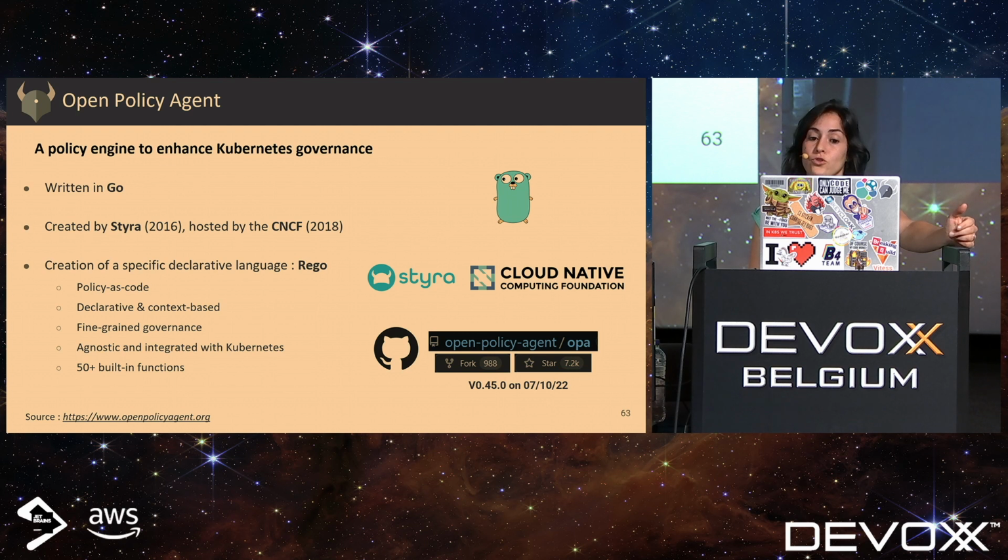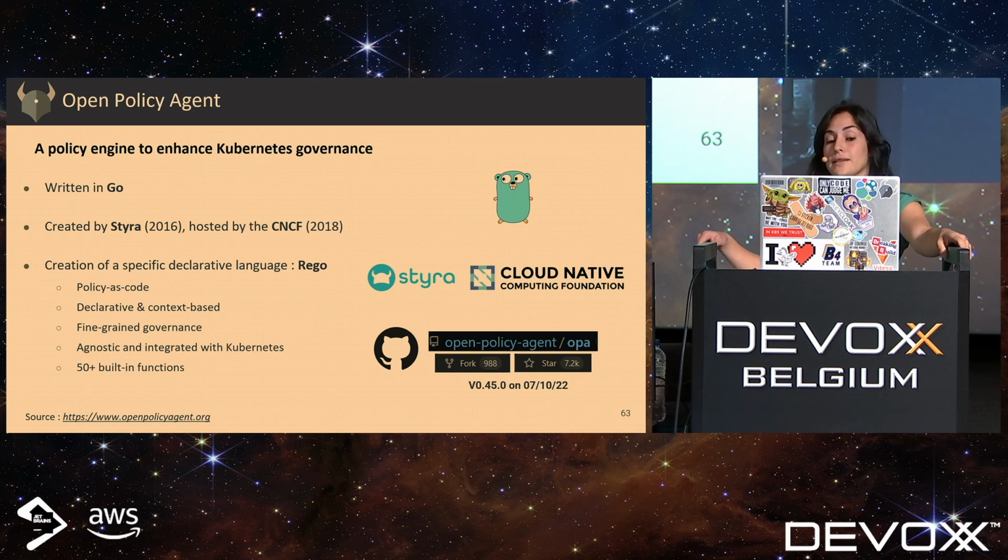It's very well supported by the community because it has been used in production for a long time now by plenty of big users. In the end, what OPA lets you do is write policy as code so that you can have the finest-grained governance on your cluster.